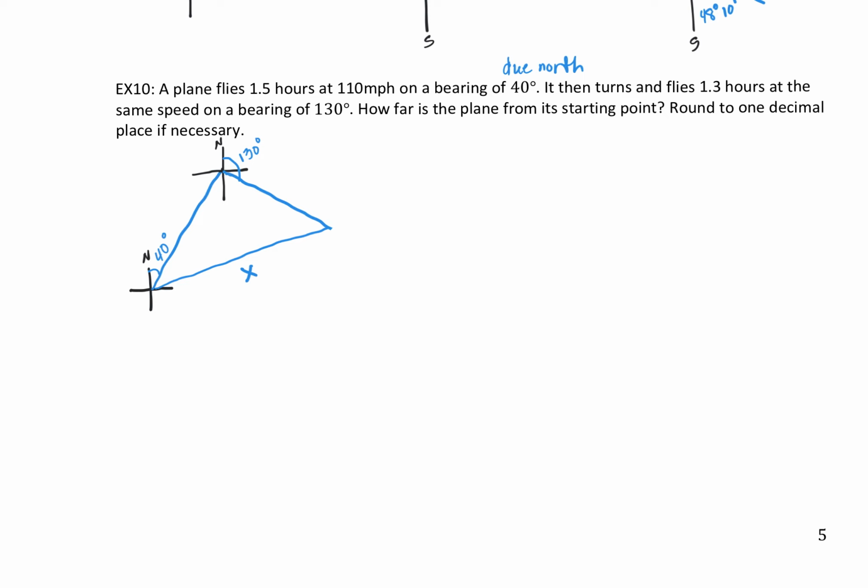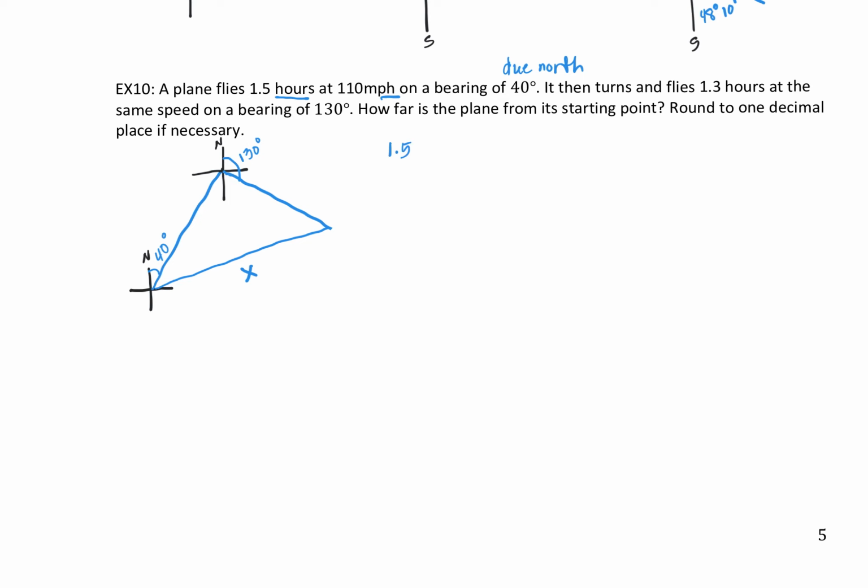I just want to double check and make sure that my time measurements are consistent. So I have hours, 1.5 hours, and miles per hour, which is a good thing because if they were different, then I would have to adjust and have them both be hours or both be whatever the other units are with respect to time. So I don't have to do anything here.